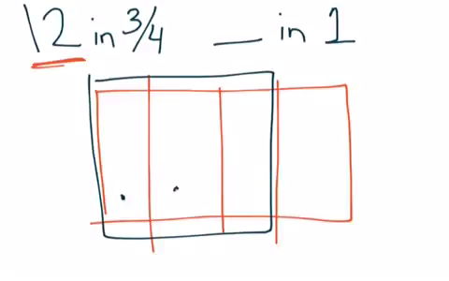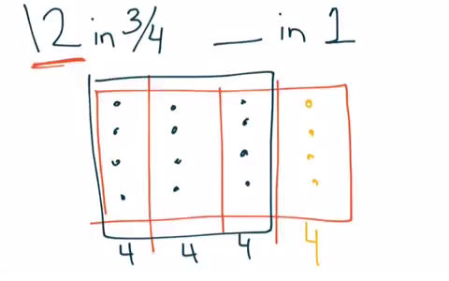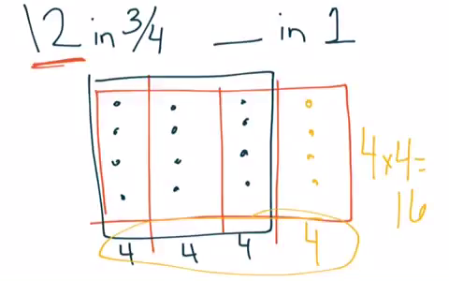So 1, 2, 3, 4, 5, 6, 7, 8, 9, 10, 11, 12. Okay, so it looks like in each fourth, I'm going to have 4 cookies, which means in my last fourth, I'm also going to have 4 cookies. So in all, 4 times 4, which is going to get me to 16. There are 16 cookies in my box.